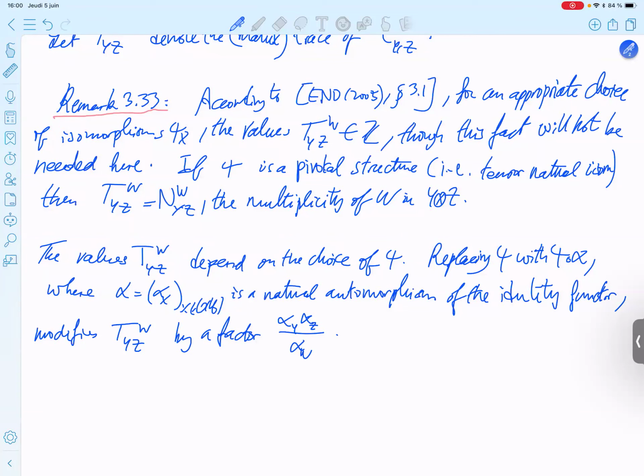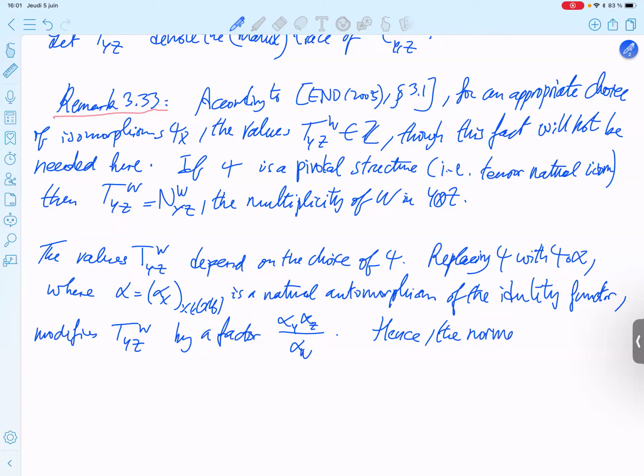So if you properly normalize this value, it will become, as we mentioned before, independent of the choice. And this is the main trick when you want to do non-spherical or non-pivotal things for braided fusion categories. We define similarly the S-tilde matrix like that. So it's also independent of the choice, and also the square norm, etc.